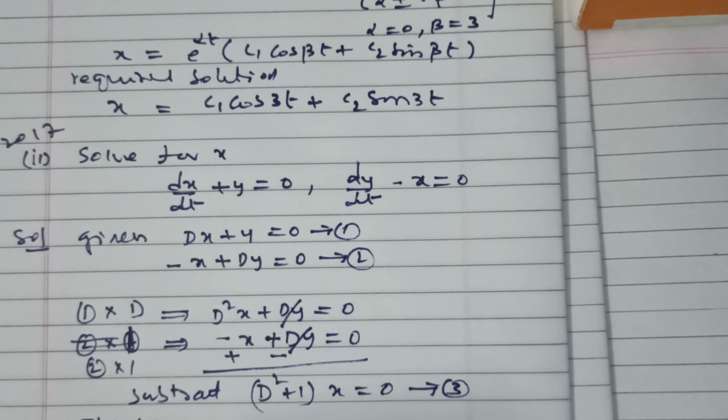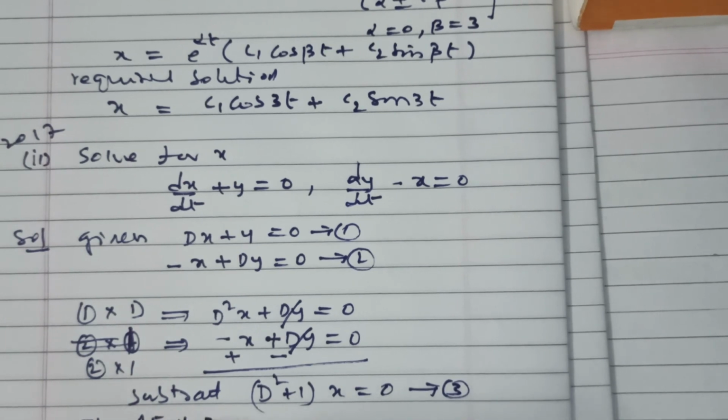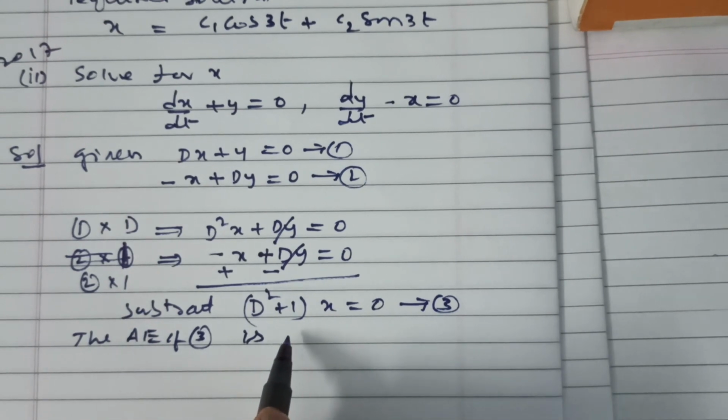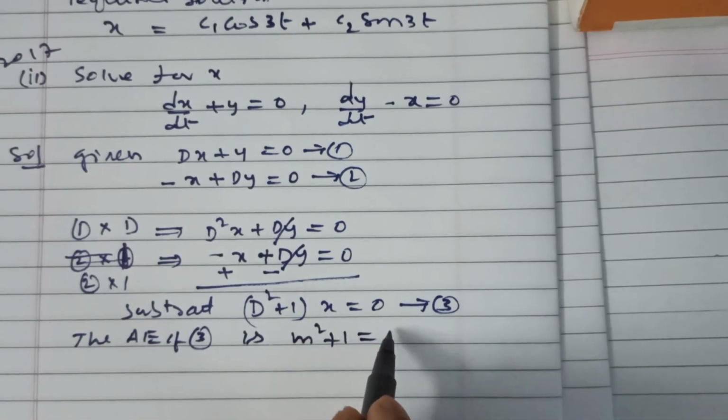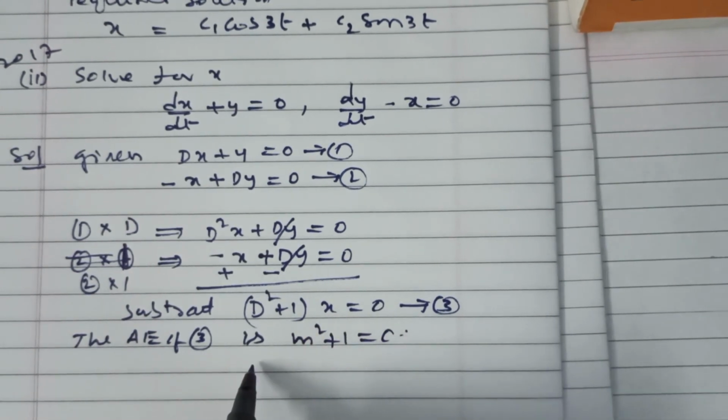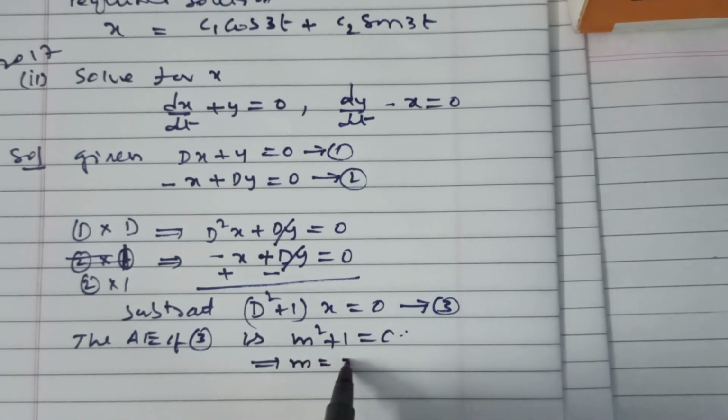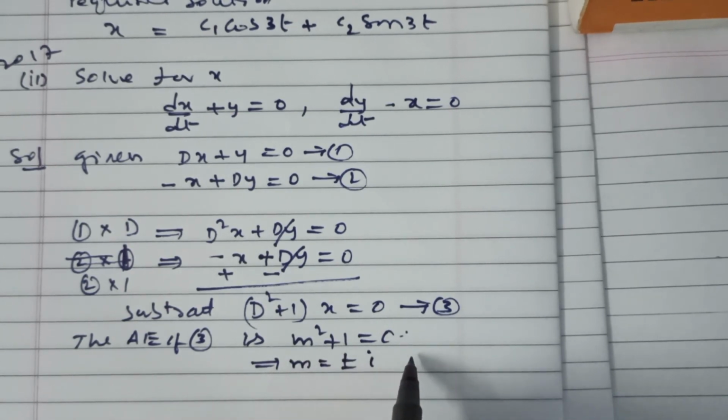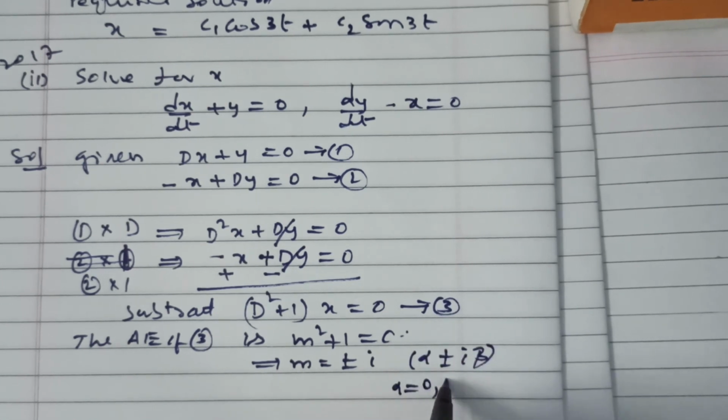The AE of 3 is m square plus 1 is equal to 0. So m is equal to plus or minus i. It is of the form alpha plus or minus i beta, imaginary roots. Alpha is equal to 0, beta is equal to 1.